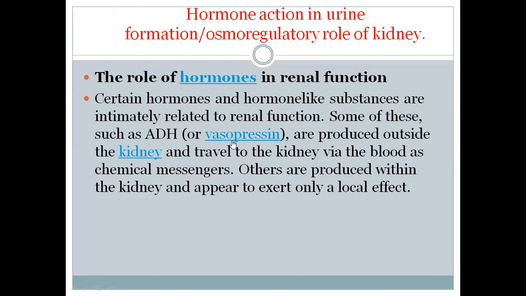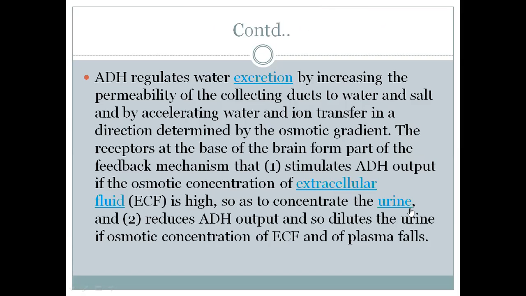Some of these, such as the antidiuretic hormone, also known as vasopressin, are produced outside the kidney and travel to the kidney via the blood as chemical messengers. Others are produced within the kidney and appear to exert only a local effect. About aldosterone. Okay, next.